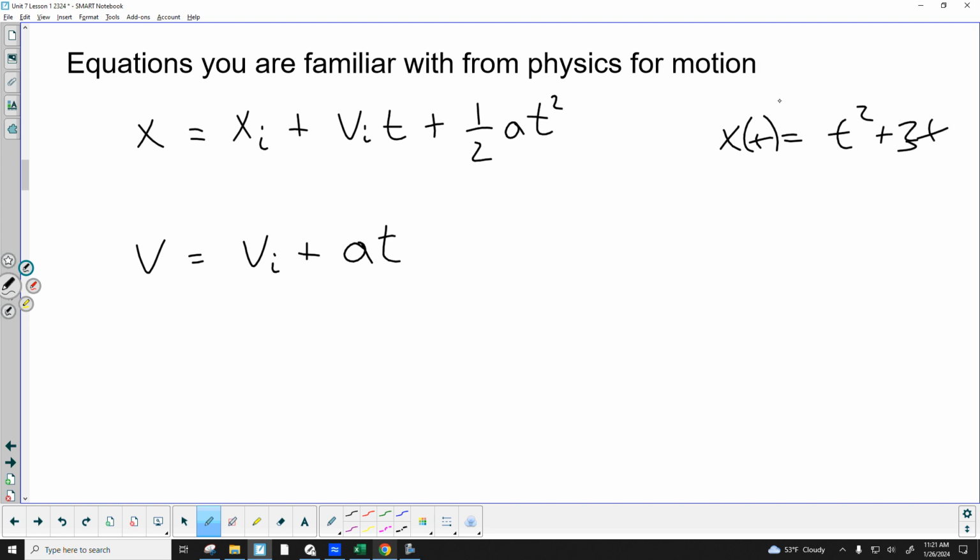Let's say I give you this equation. I say x of t is t squared plus 3t. x prime, the derivative. Since my t's are replacing x's, my derivatives of t's are just going to be like my derivatives of x's. There's nothing fancy going on. The derivative of this equation, this x equation of t's, x prime is 2t plus 3.